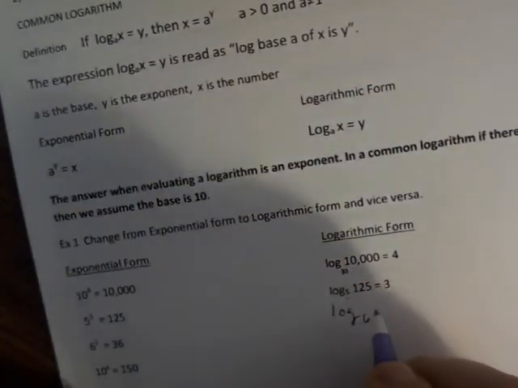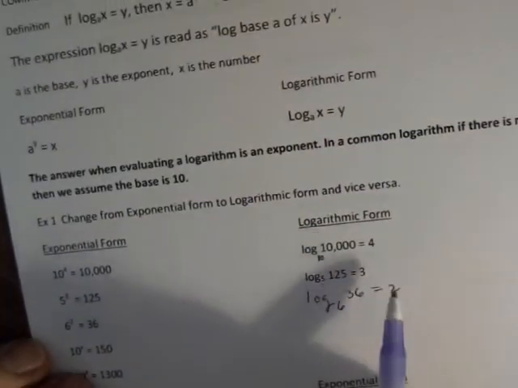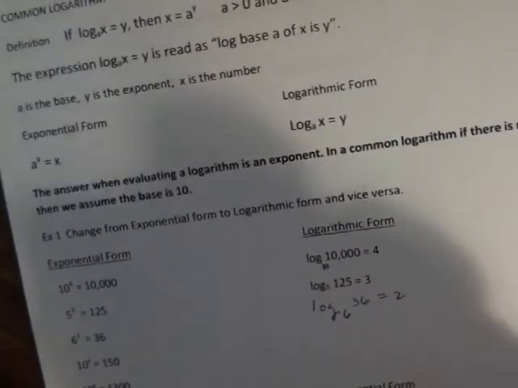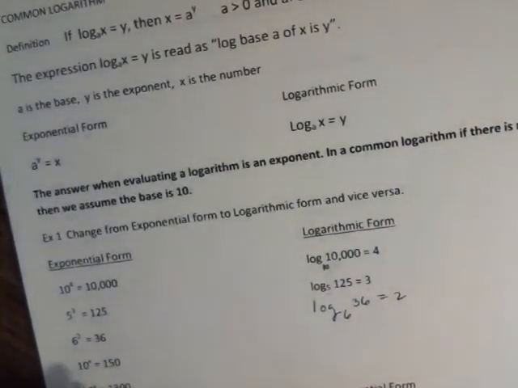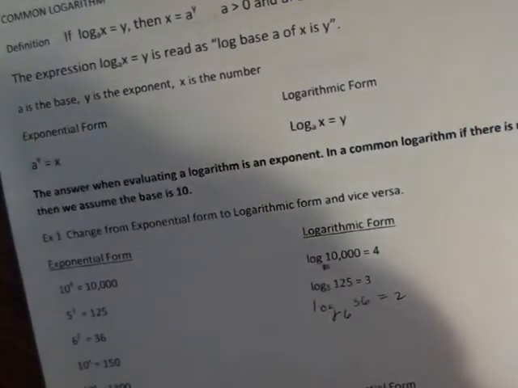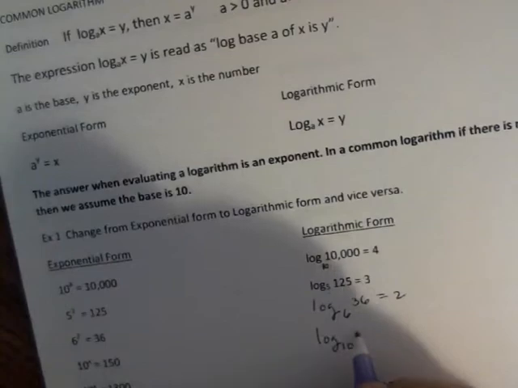And so we can finish these out. Log base 6 of 36 is 2. Always remember, in a logarithm, your exponent's on the other side of the equal sign, and I think that will make it easier for you to get the rest of them. All right, so this next one here, if I translate it to a logarithm, I've got log base 10 of 150 equals x.